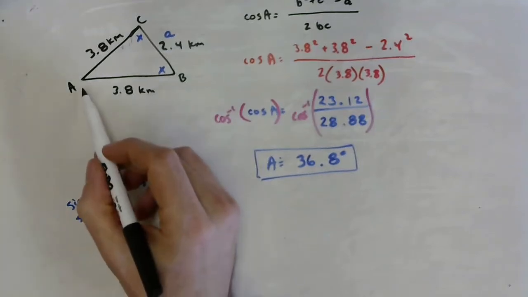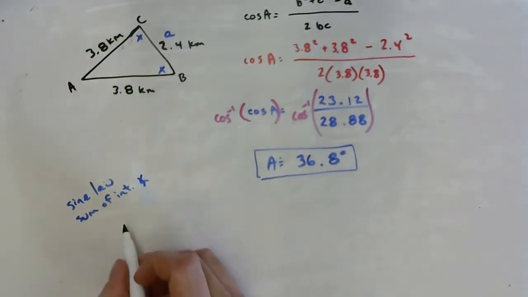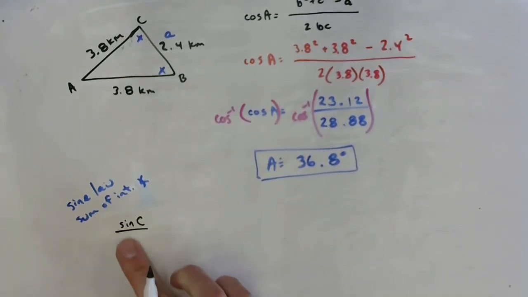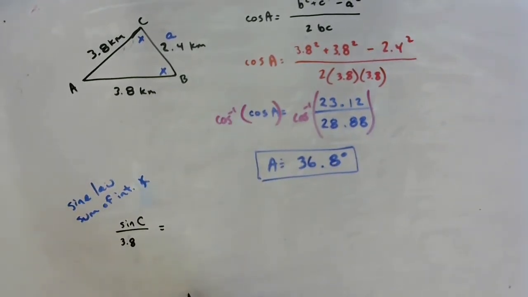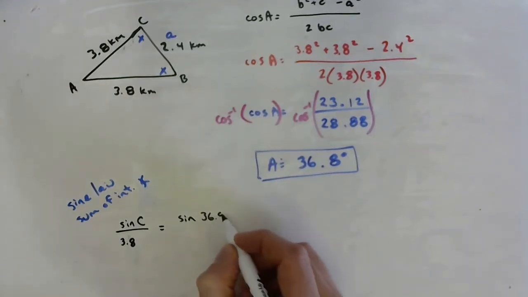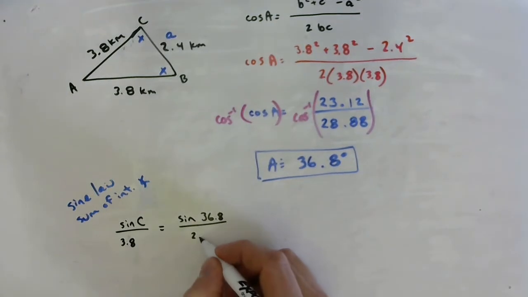So sine law, now I have a completed ratio. Let's say I'm looking for angle C. So I've got the sine of angle C over side length C. I'm just going to plug in what I know right away. 3.8 equals my completed ratio, which is the sine of A, which is right here at 36.8, over 2.4.